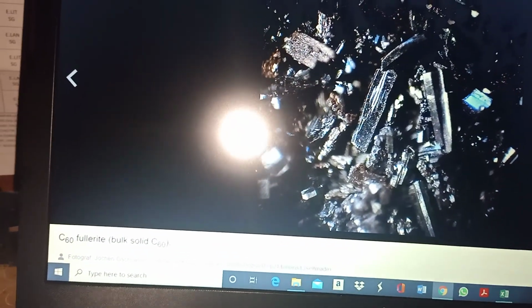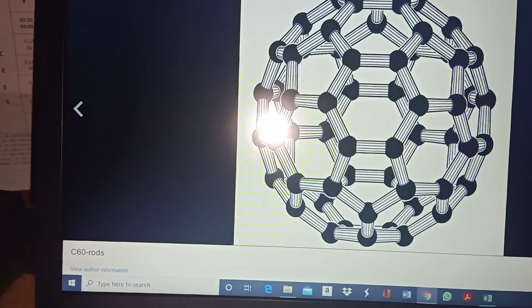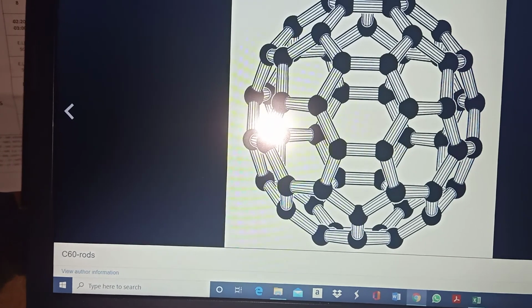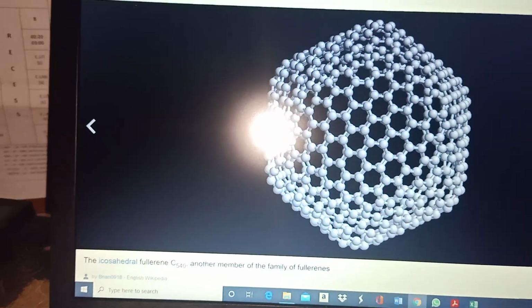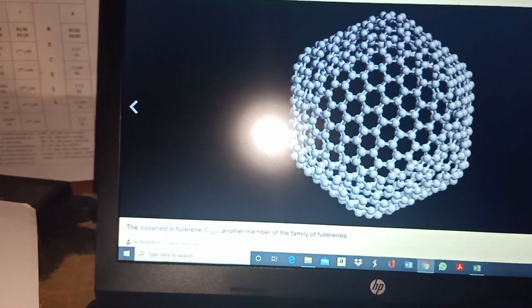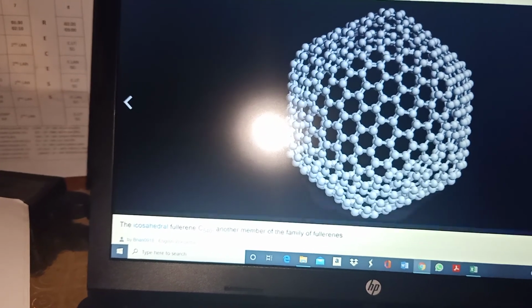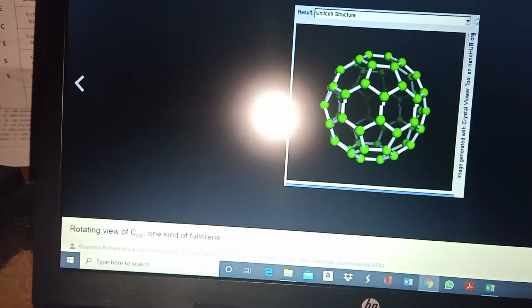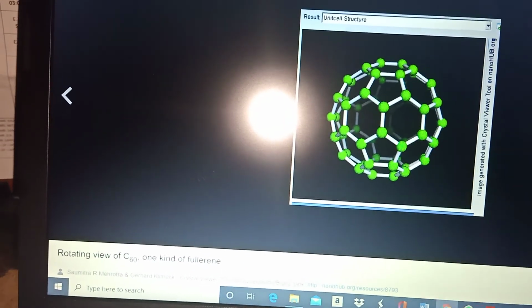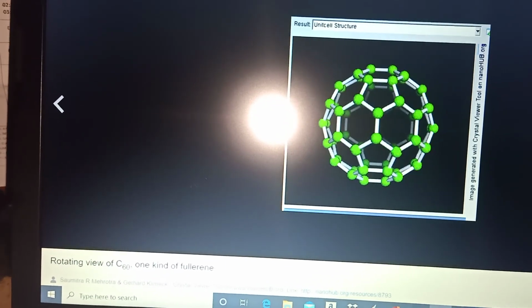This is the crystalline form of fullerene. This is another example or structure of fullerene. This is again another type of fullerene. This is buckyball.